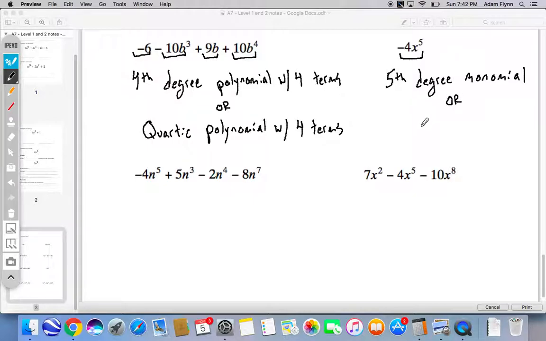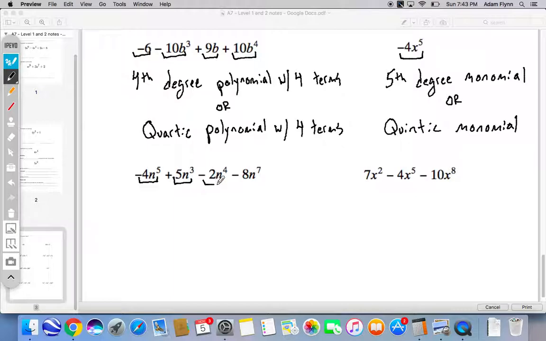Or a 5th degree equation could be called a quintic equation. So this is a quintic monomial. Or if you really wanted, you could call it a 5th degree polynomial with 1 term. Again, not the only 2 ways.